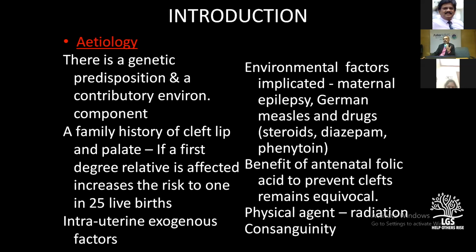And various environmental factors are implicated, like epilepsy, German measles, drugs, maternal malnutrition, vitamin deficiency, consanguinity, etc. But if a parent comes with a child and asks why my baby had this cleft, it's extremely difficult to put your forefinger and point out this is the exact reason why this happened.